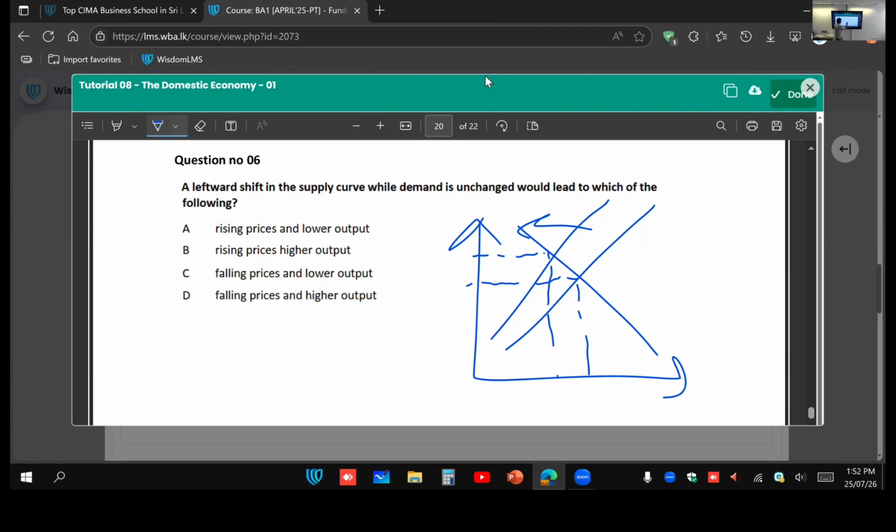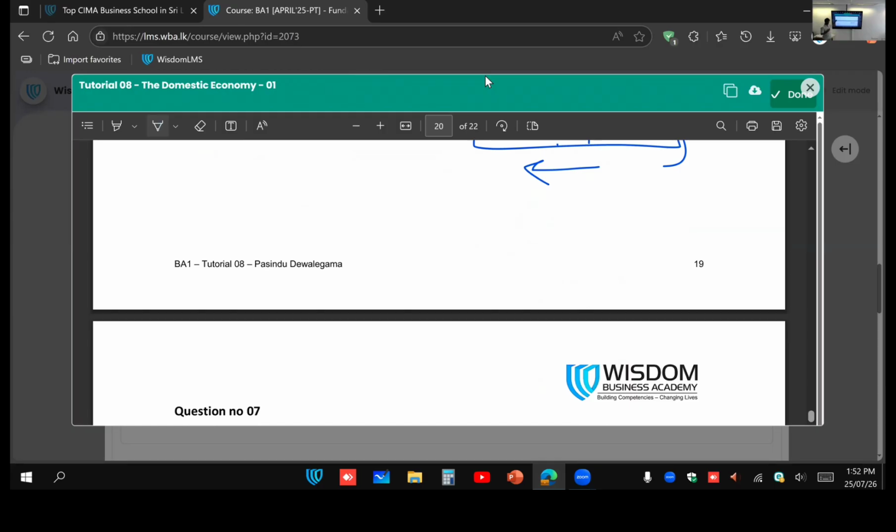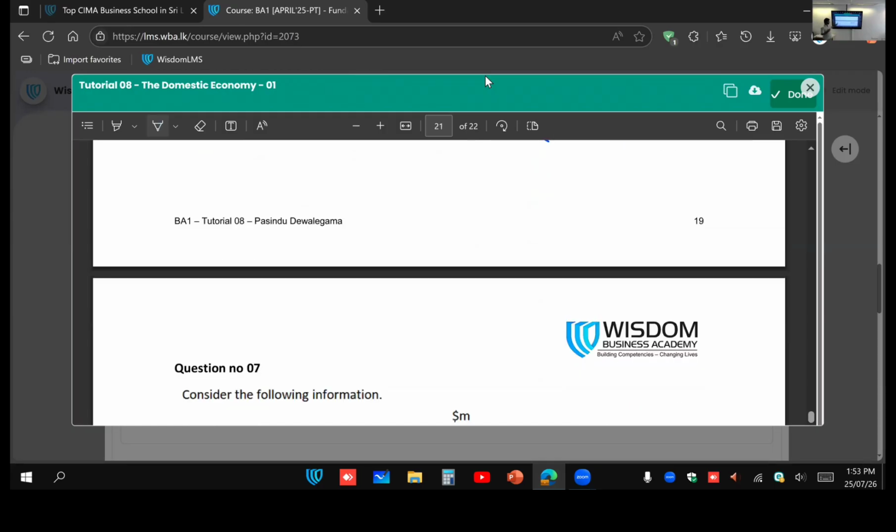Price has increased, quantity decreased. So now select. I think A is the answer, no? Rising prices and low output. So definitely what you have to do is to draw a diagram and see. Don't ask how can I draw diagrams in the middle of the exam. Anyway, from the mind at least.